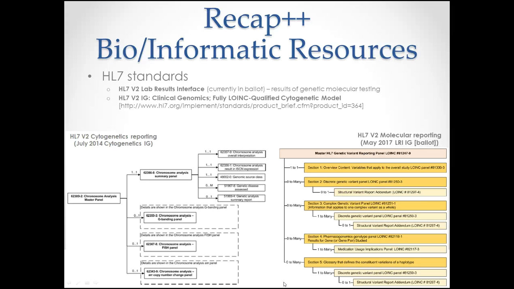And so one day we may be seeing a lot of these molecular reporting messages flowing and the cytogenetics reports flowing. But just keep in mind that we already are getting results back in some cases using existing HL7 messages where you have a LOINC code that is a question: is this variant present? And the answer is yes, it's present, or no, it's not present.